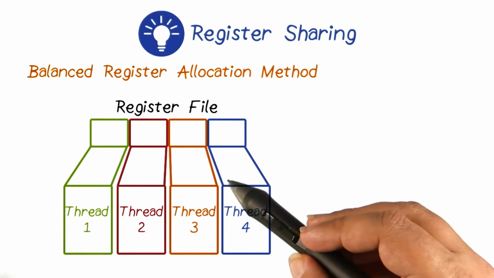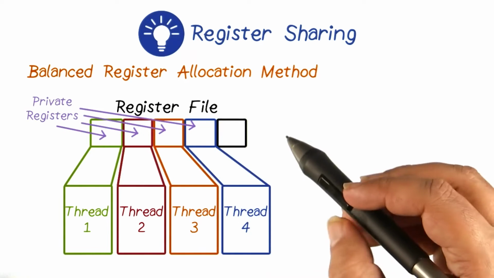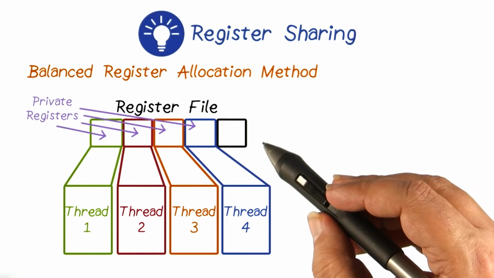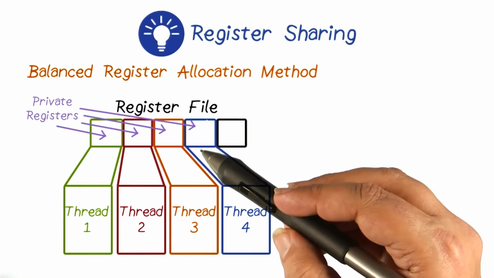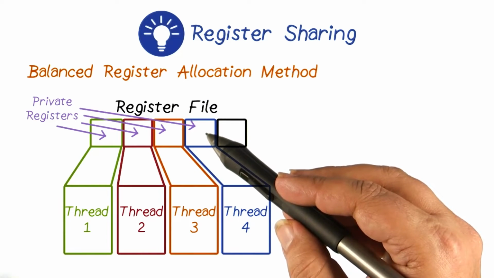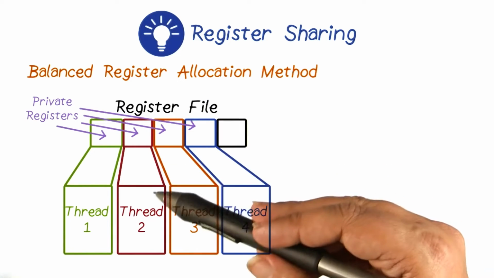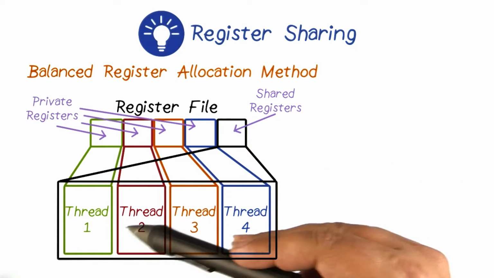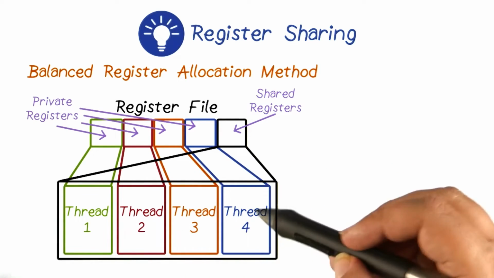They're all disjointed. Whereas under our scheme, what we could do is partition the pool of registers into two parts. One is private registers, and we give each one of those private registers to each one of those threads, just like we did earlier. But then we also have a pool of shared registers, which we keep here.